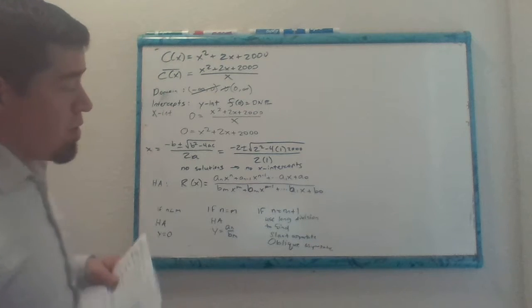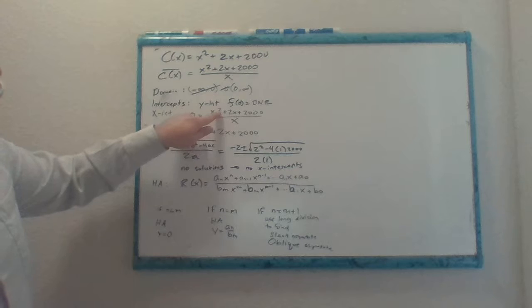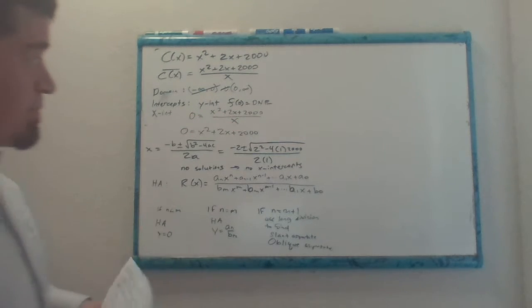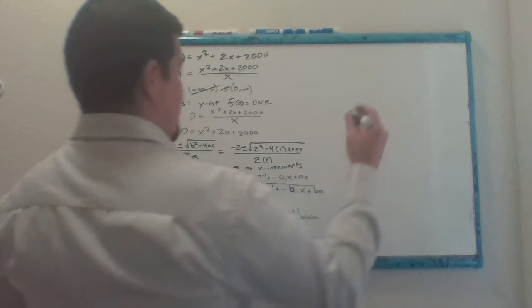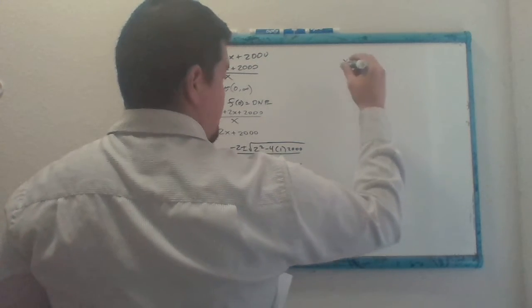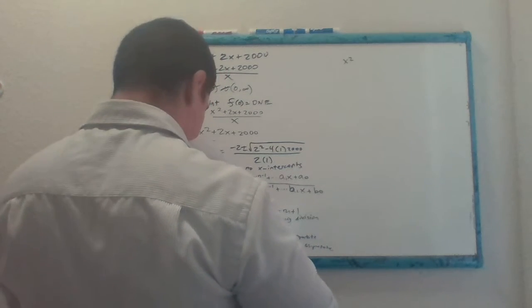In this case, the power on top is 2 and the power on the bottom is 1, so I'm going to have to do just that. I'm going to do x squared plus 2x plus 2000 divided by x.